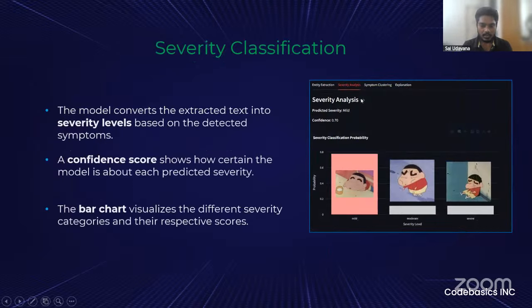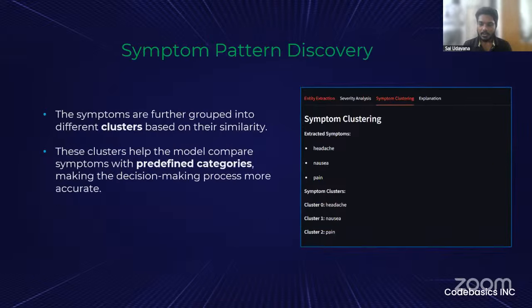Yeah, this is the severity classification. Based on the symptoms I mentioned earlier and the drug they have used, it will predict the severity, and it will give a confidence score, for example around 70 to 80% in this case. As I previously mentioned, these symptoms and drugs were clustered and are used for the severity analysis.